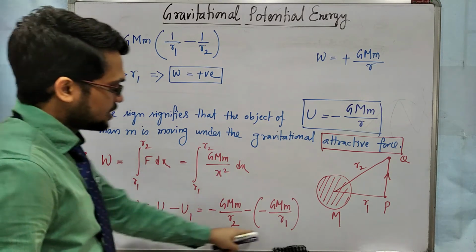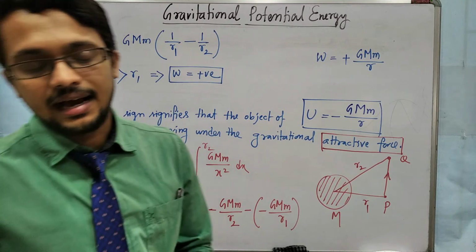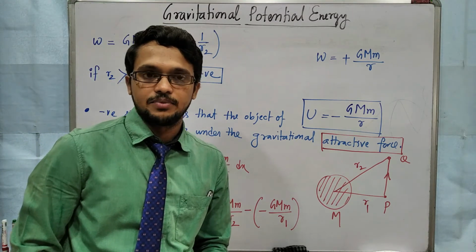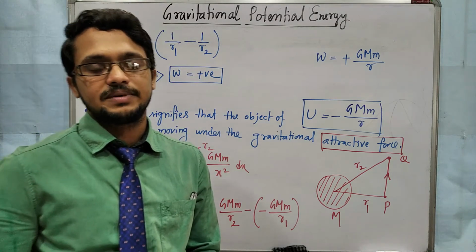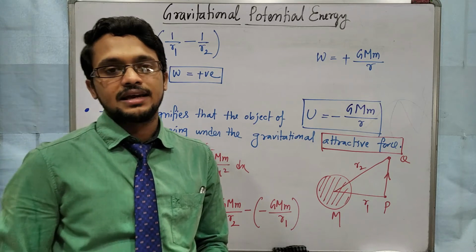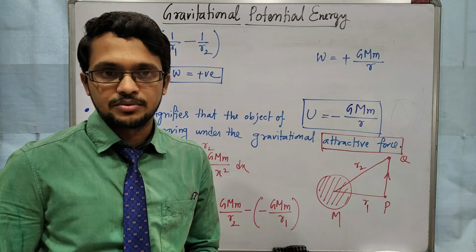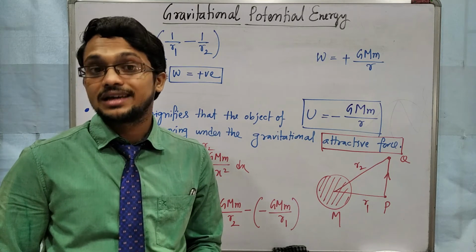And now we will use this point to find the potential energy when the height of any object or any point from the surface of earth is very small. That means h, at the top of a building at a height of 10 meters, which formula will you use? That is potential energy equal to mgh.